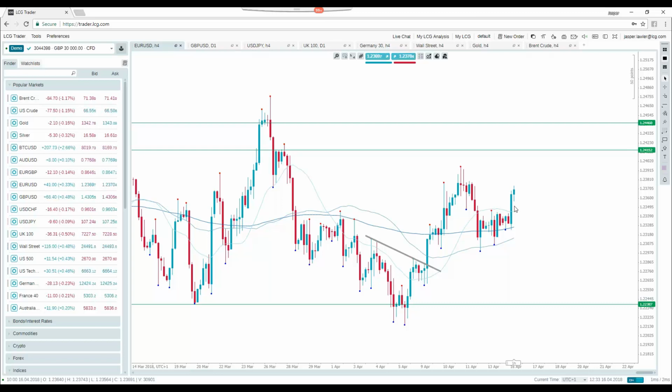My feeling is that probably we do go up, take out this high and probe the top of the range again, but that's far from guaranteed because we're not really in a trending environment. So you assume a downtrend from the top of the range to the bottom of the range. We're assuming we're more in an uptrending environment here to retest the top of the range, but it's not really a particularly solid trend.